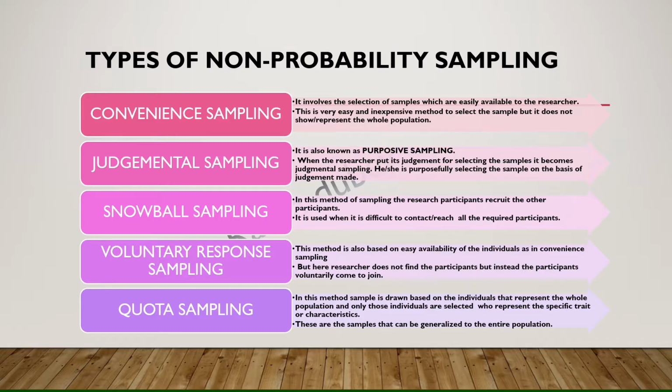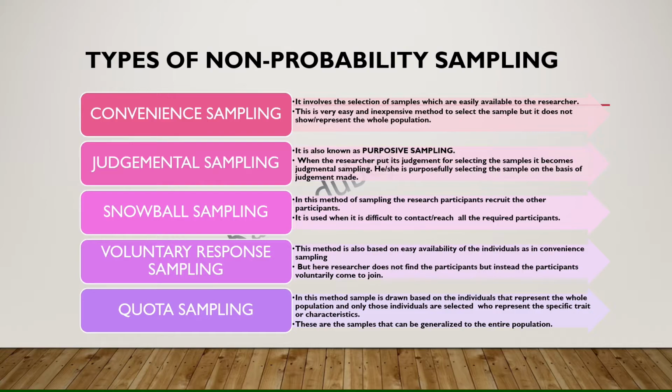Suppose I have been selected by some researcher for his further research. I might be knowing a similar person to me in the same field, so I will be selecting those persons. Now they will further contact other persons. So what is happening over here is I was the research participant and now I am selecting the other participants as well. So one person is contacting the other person.